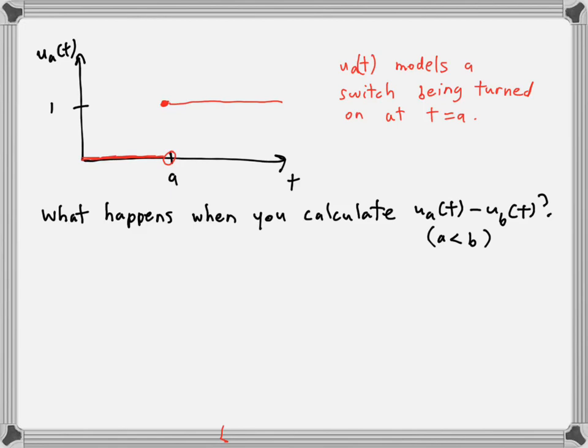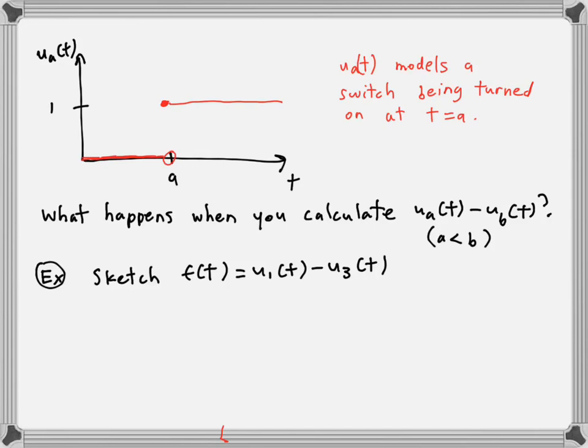So what happens if you take one of these guys and you subtract the other away? Well, I'm going to illustrate this in an example. So for this example, we're going to do something very simple. I want us to sketch the following. f(t) is equal to u_1(t) minus u_3(t). So what happens if we subtract these two things?